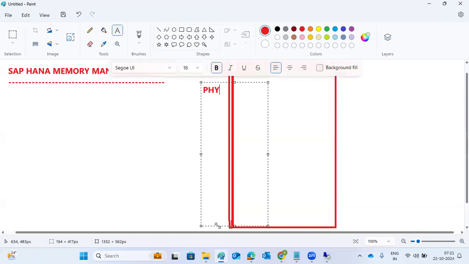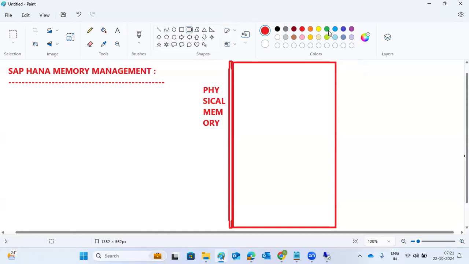RAM means physical memory. It is a physical memory slot. In this, you have installed the operating system. When you install the operating system, it will occupy some amount of memory.